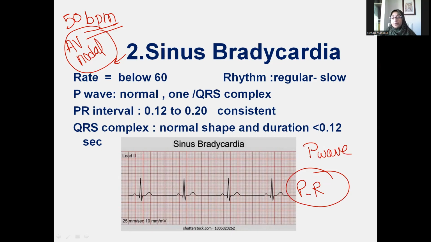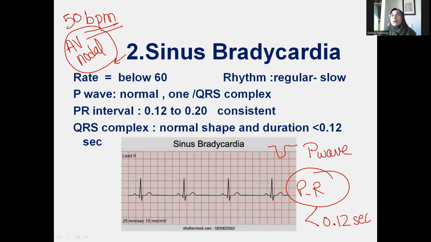If you find that the PR interval is shorter than 0.12 seconds, and if you find that the P wave is inverted or completely absent, then it's not a sinus bradycardia, it is an AV nodal rhythm.